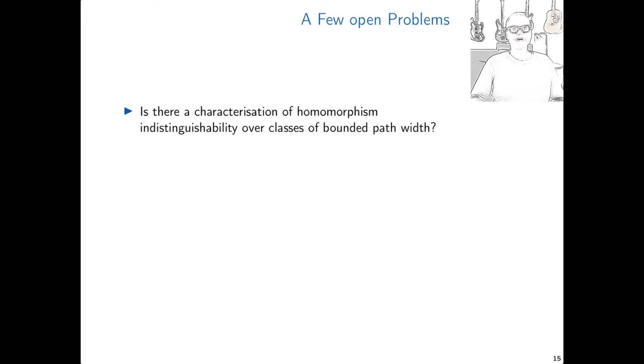The first is, well, we have this characterization of homomorphism indistinguishability over classes of bounded tree width, and we also had a characterization over paths in terms of a system of equations. The question is, can we combine these two and obtain a characterization of homomorphism indistinguishability over classes of bounded path width?